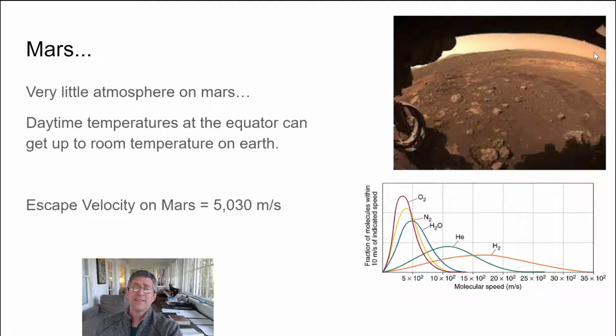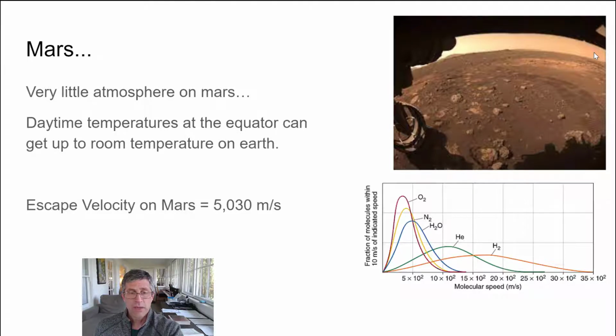And that means that you'll have molecules that are moving very fast, and the escape velocity is much less. On Earth it was 11,000 meters per second, and on Mars, anything that's going 5,000 meters per second, less than half as fast, has enough kinetic energy to escape from the surface of the planet.